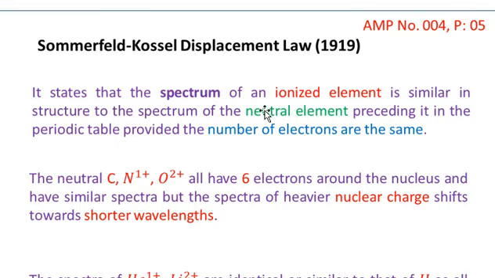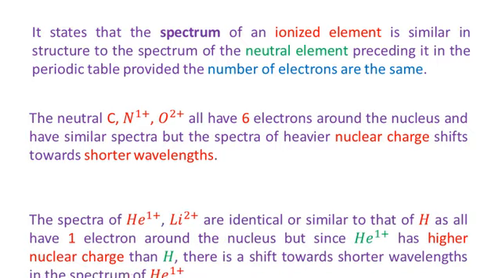Let me read it again. It states that the spectrum of an ionized element is similar in structure to the spectrum of the neutral element preceding it in the periodic table, provided the number of electrons is the same. I am giving you some examples to elaborate on this.